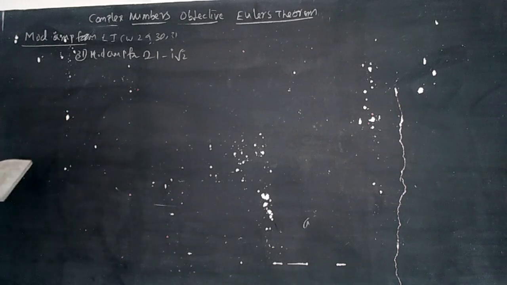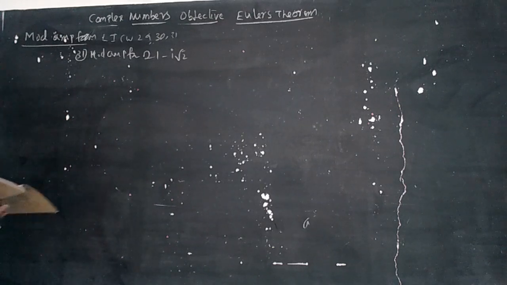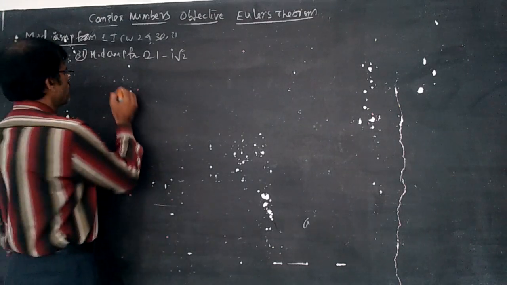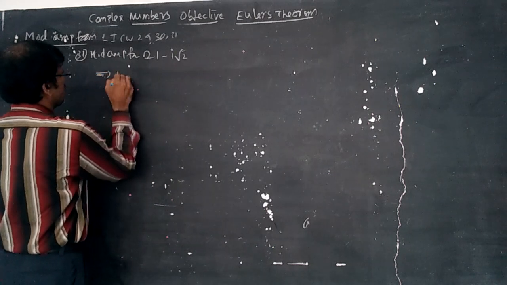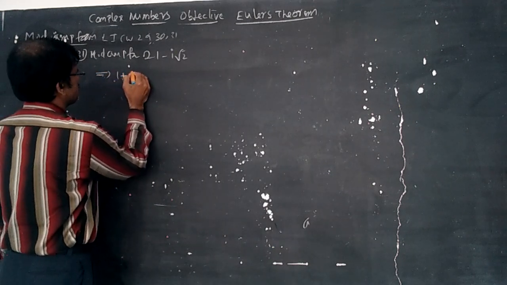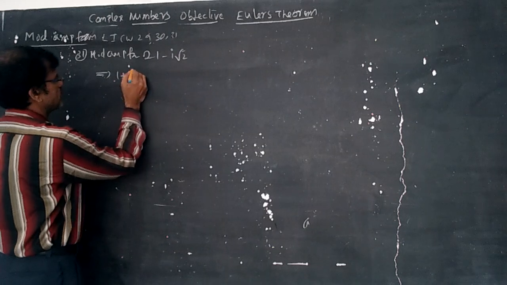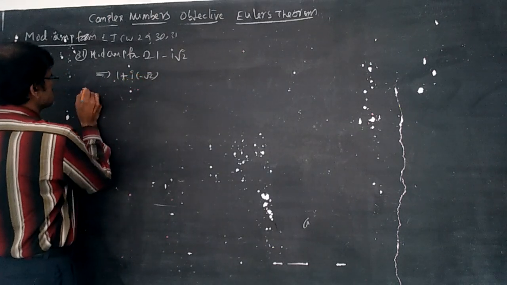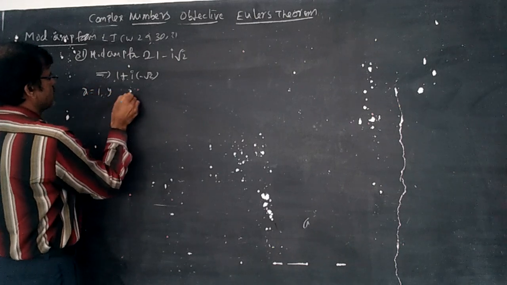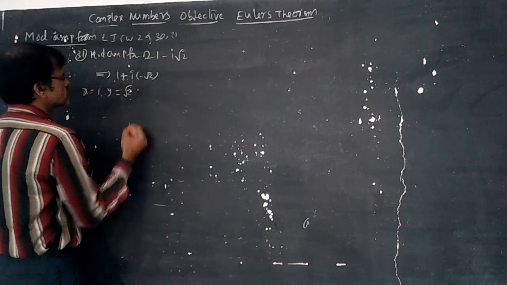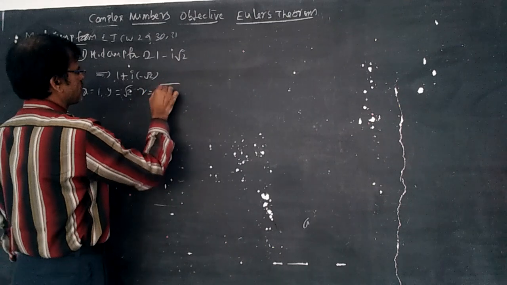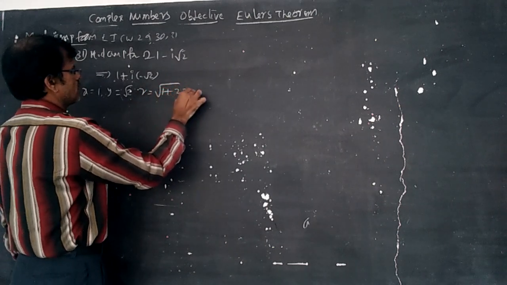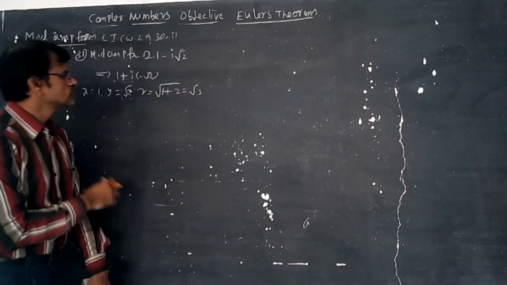Let us write this as 1 plus i into minus root 2. So x is equal to 1, y is equal to minus root 2. r is equal to root of x squared plus y squared, which becomes root 3.